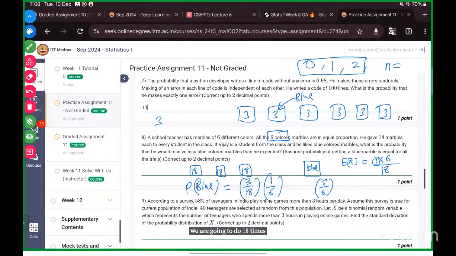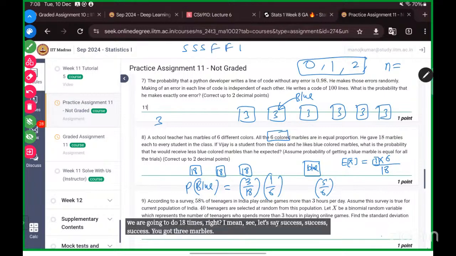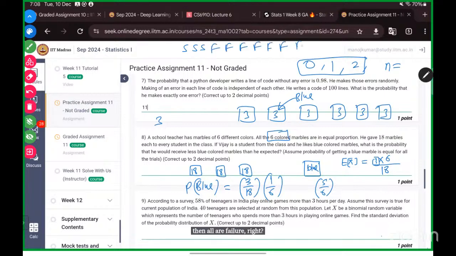Let's say success, success, success means he got 3 marbles, then all are failures. That is the normal event, he got exactly 3. We want him to not get any success. The first case is 0, so he got all failures. How will you find the probability of this? You multiply the failure probability that many times.